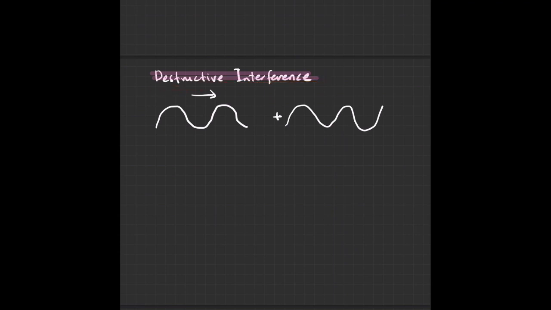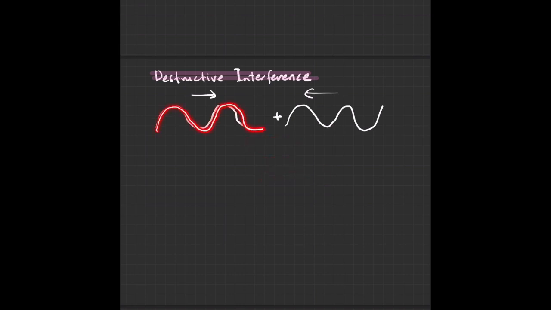Destructive interference. The two waves also propagate in different directions and overlap or superpose.